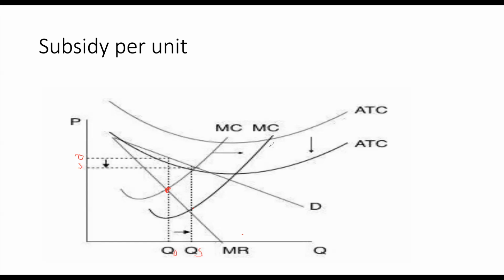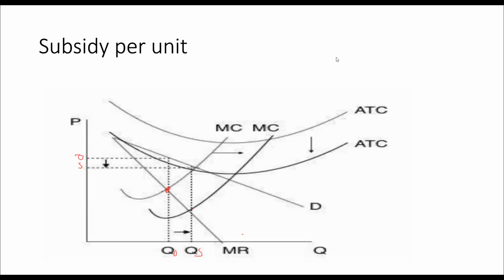The opposite's happening for a tax, that's increasing my cost because for every dollar I get taxed, ATC goes up. So that's how you handle a per unit subsidy and a per unit tax. Now, this would be the same thing in perfect competition as far as shifting things in the firm, but I just wanted to show you that here.